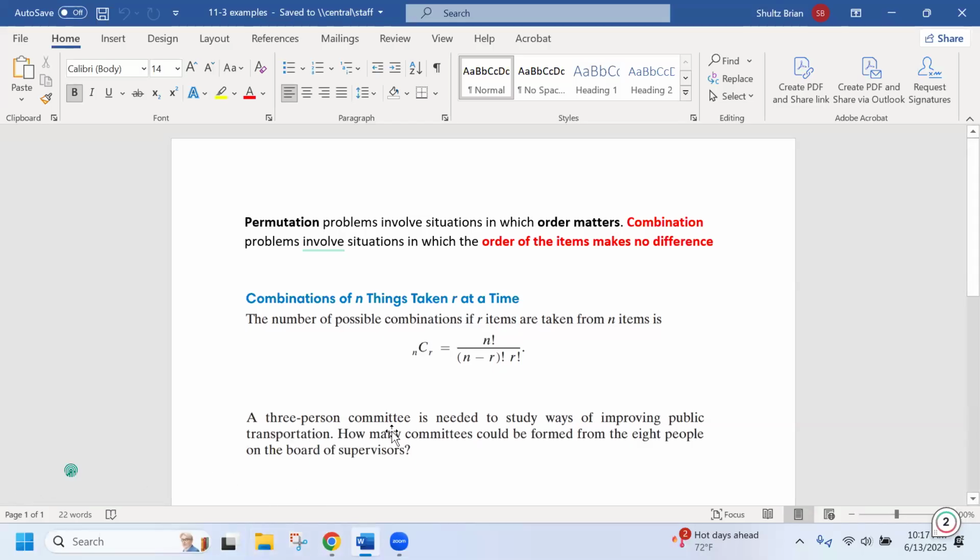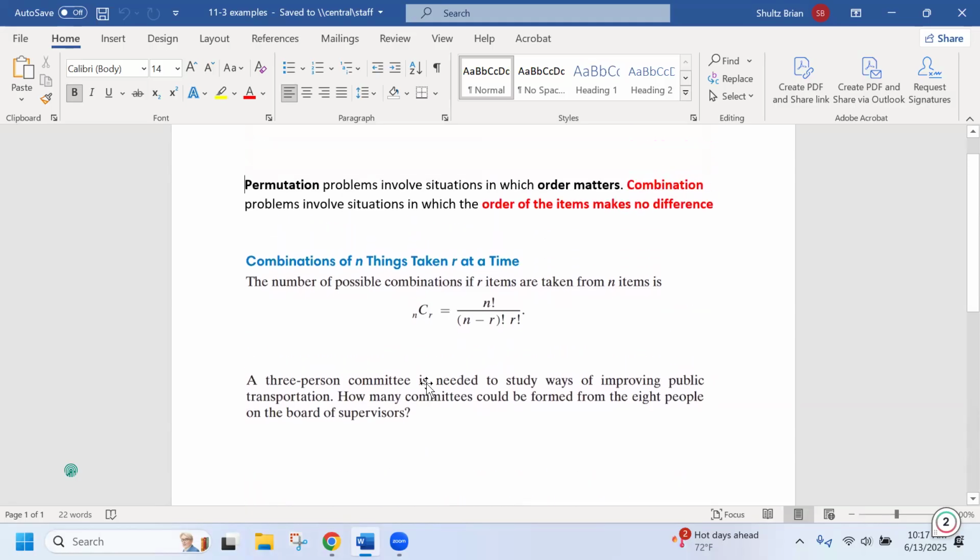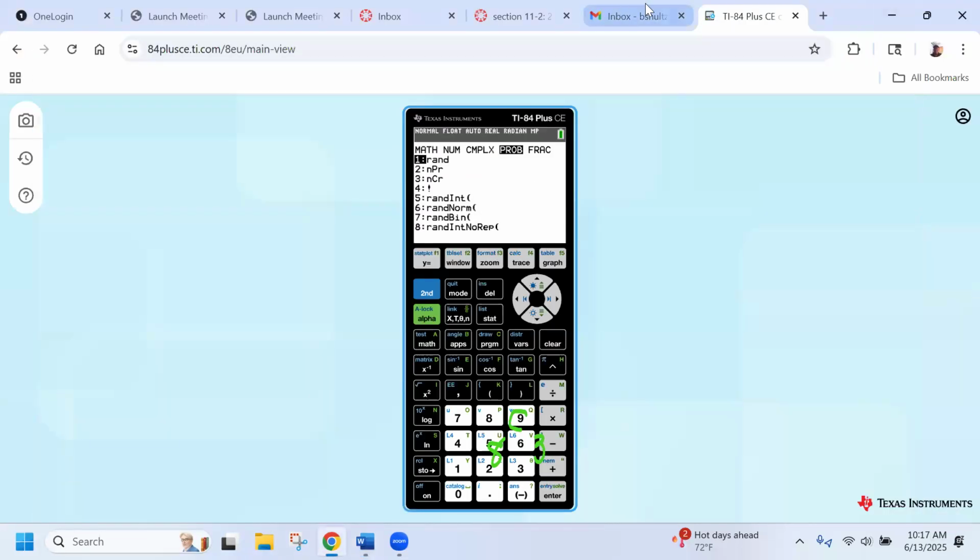But we have this example right here where it says a 3-person committee is needed to study ways of improving public transportation. How many committees can be formed from 8 people on the board of supervisors? Well, that is a committee where order doesn't matter. So I do 8C3. I grab my calculator. I'm already in my probability mode.